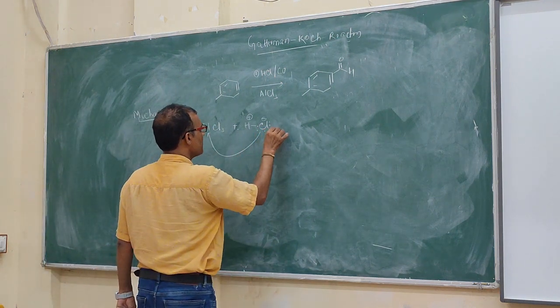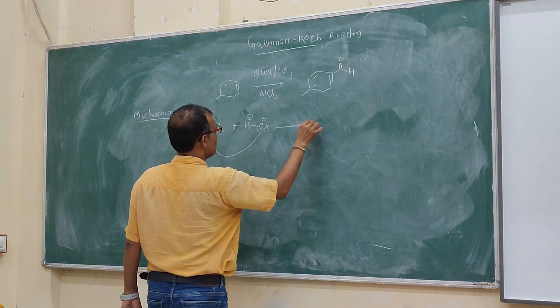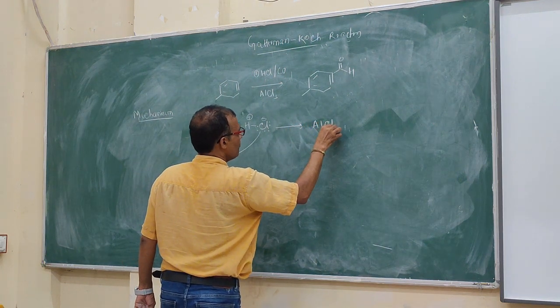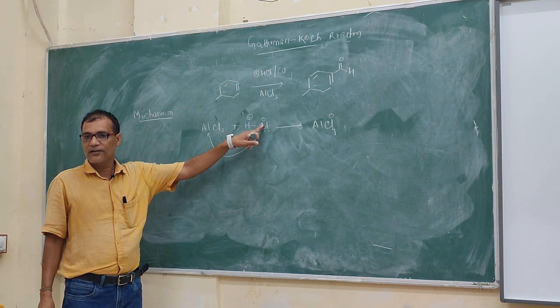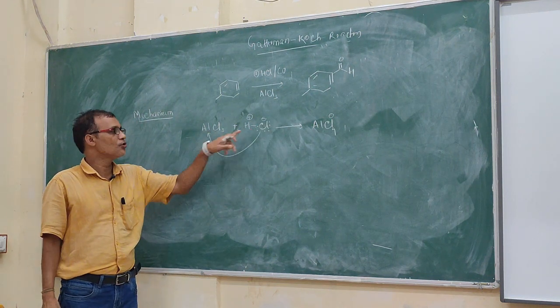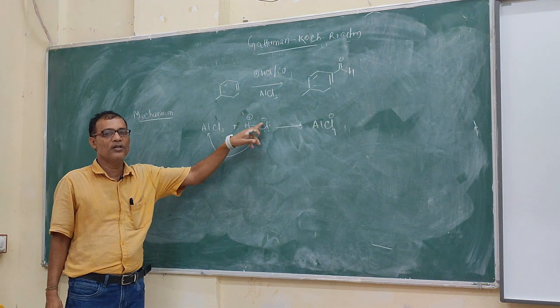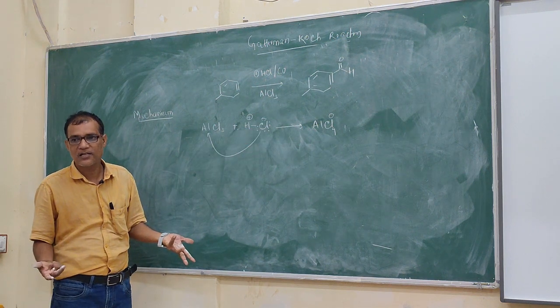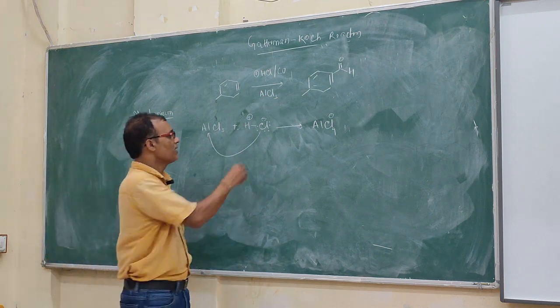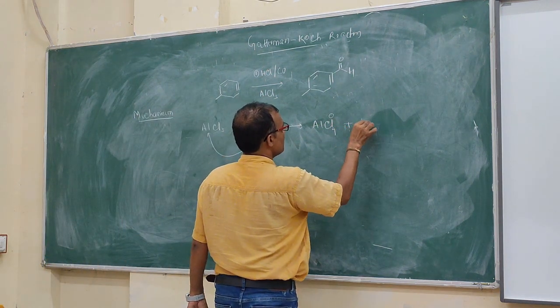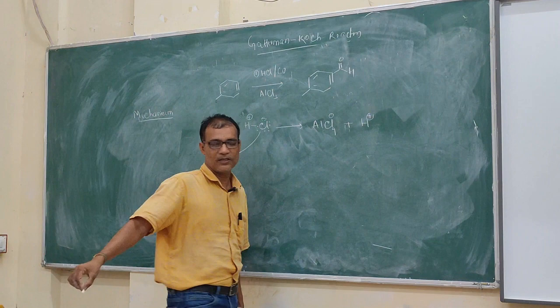That means what you are getting here is AlCl4, because this chlorine goes with a lone pair. Initially it is neutral. If it goes with a lone pair, that is a minus charge, and the total molecule will be minus: AlCl4 minus. That is what you know from the Friedel-Crafts reaction. Then it is leaving this H plus.